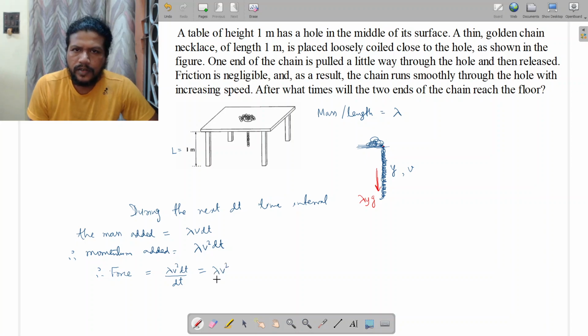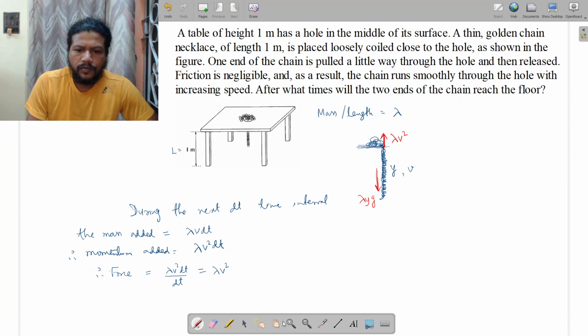So this is the extra force acting upward on the chain due to the upper part of the chain, which is just going to get added up.